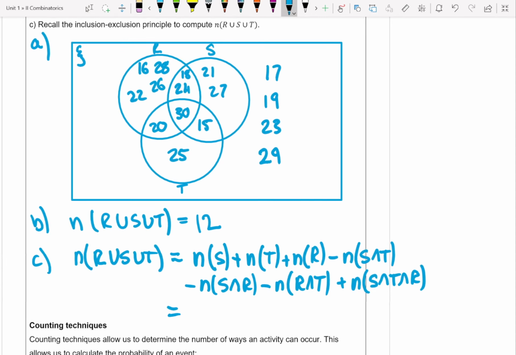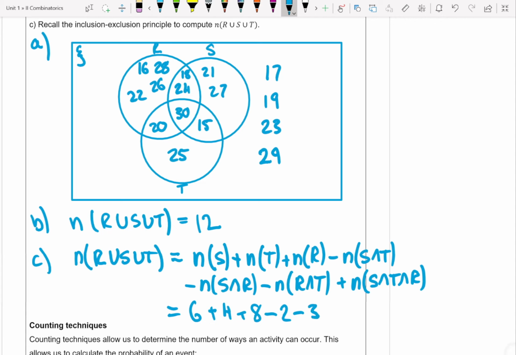So in that case, the number in S is 1, 2, 3, 4, 5, 6, plus the number in T is 4, plus the number in R is 1, 2, 3, 4, 5, 6, 7, 8. The number in the intersection of S and T is going to be 2 numbers. The number in the intersection of S and R is going to be 3 numbers.